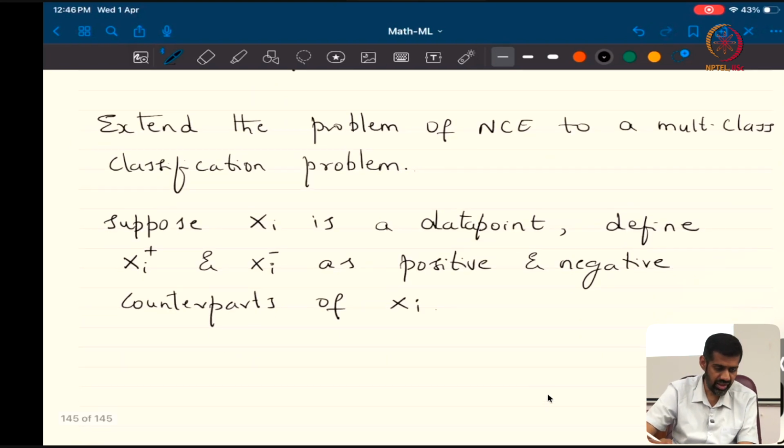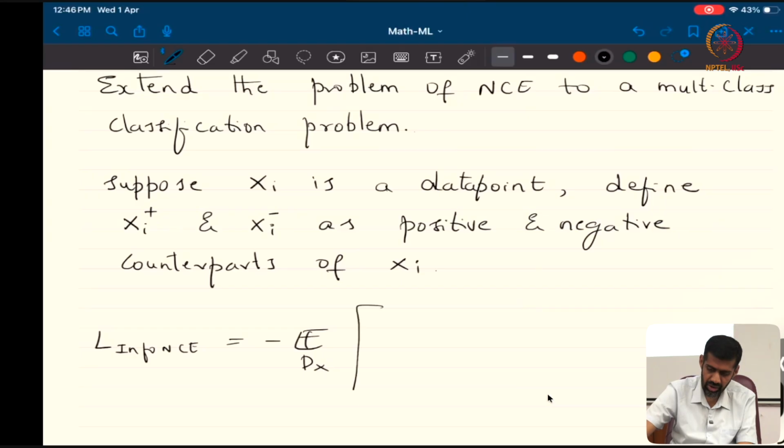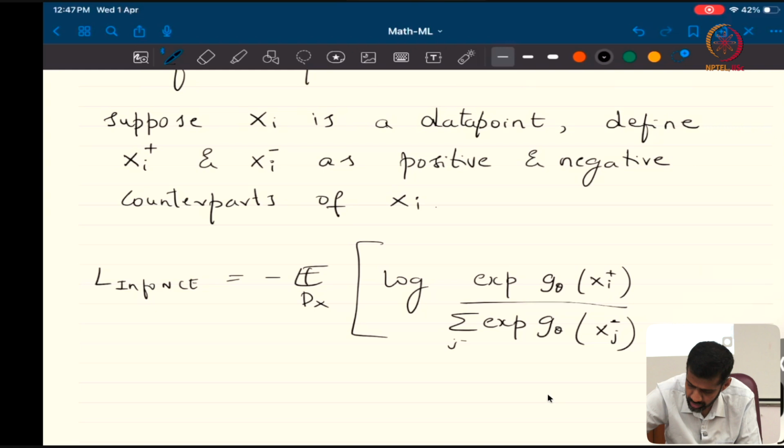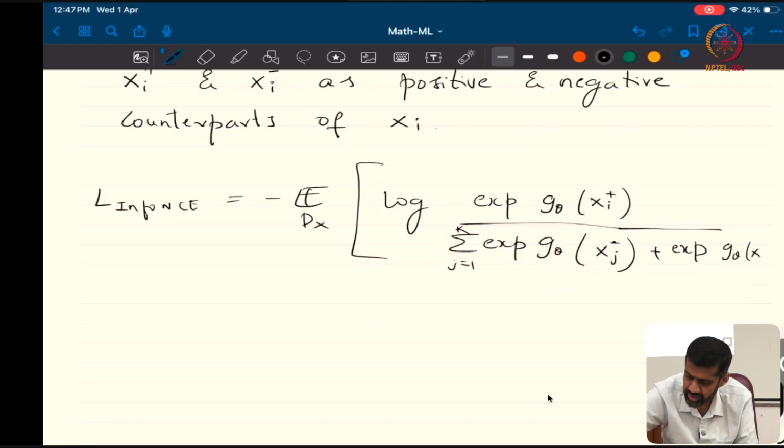Now, define a loss L Info-NCE as the categorical cross entropy, it is not the binary cross entropy anymore, of log e power g theta of xi plus divided by the sum over j equal to 1 to k of e power g theta of xj minus, plus e power g theta of xi plus.